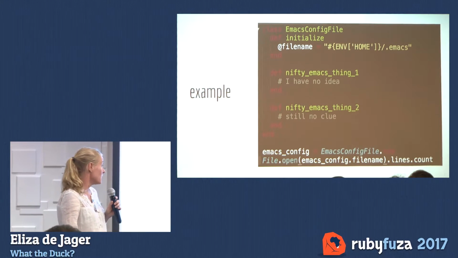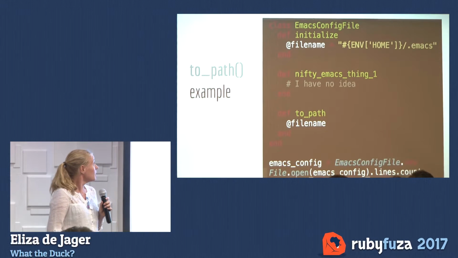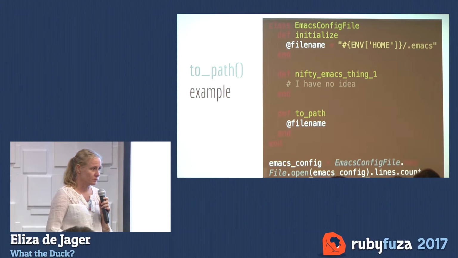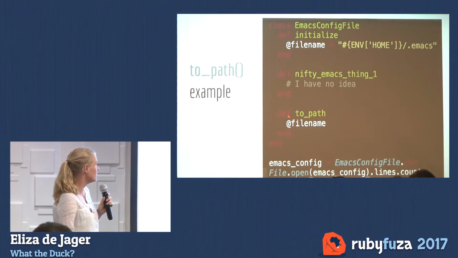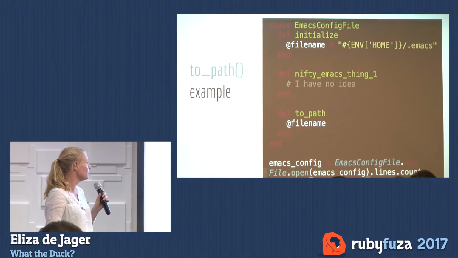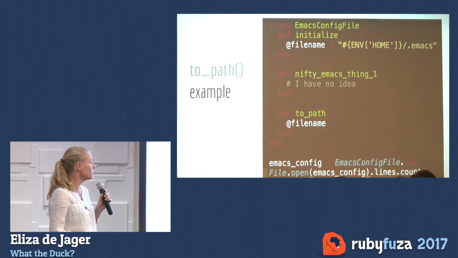Now this is fine, but there is actually a better and more seamless way to do this. And that involves defining the toPath method on this class. So we have that return the file name. Now what happens is we still go ahead and create the emacs_config object, but suddenly we can pass this directly to the file.open method.